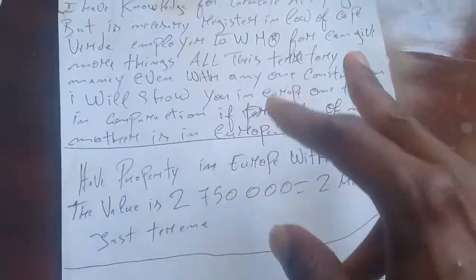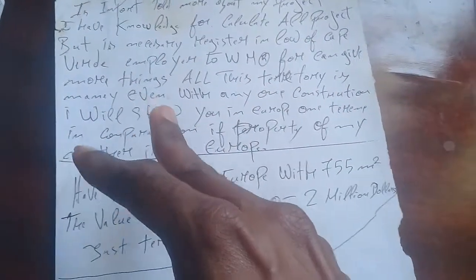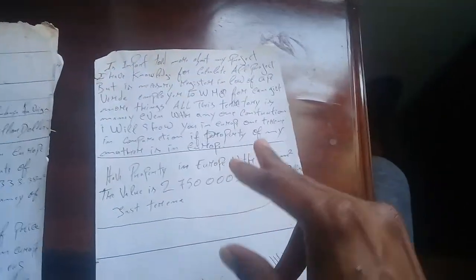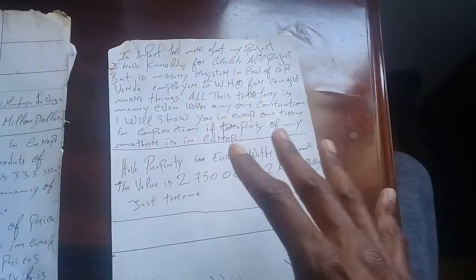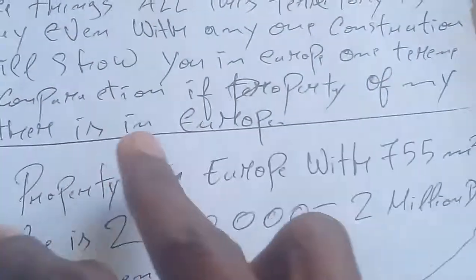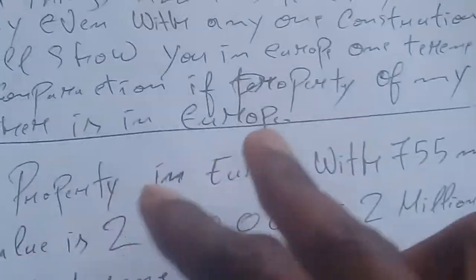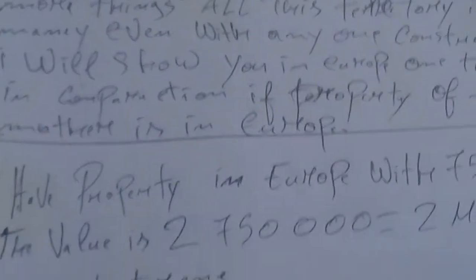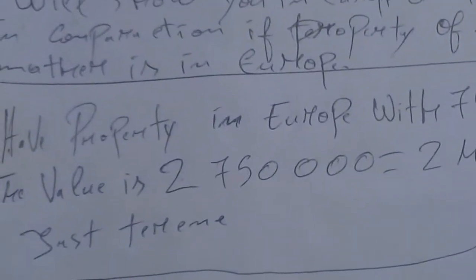All this territory is money even with any one construction. I will show you in Europe one terrain, one property in comparison if property of my mother is in Europe and my property. My property too have a value, you know.